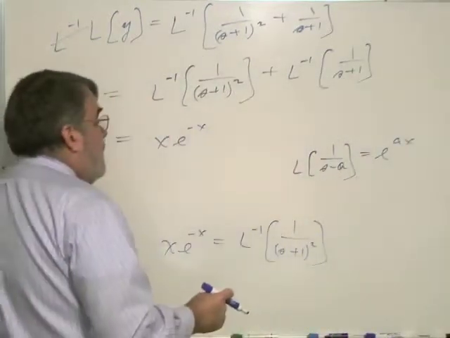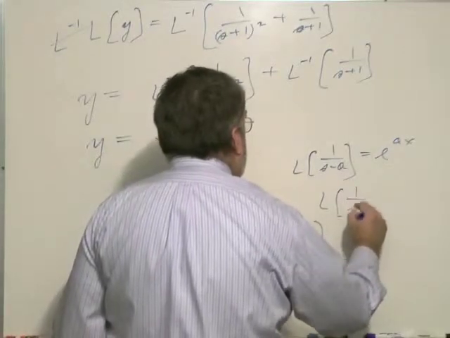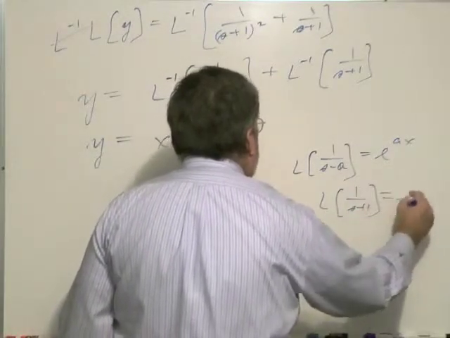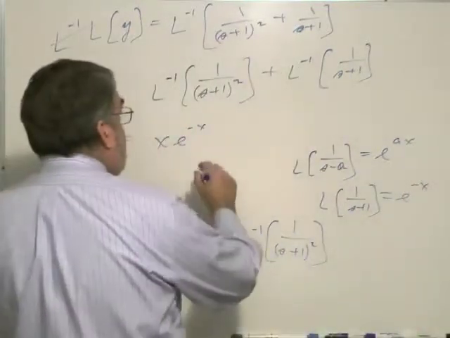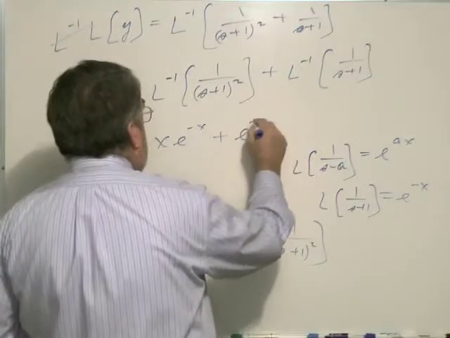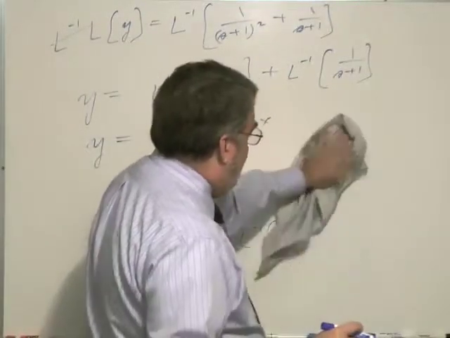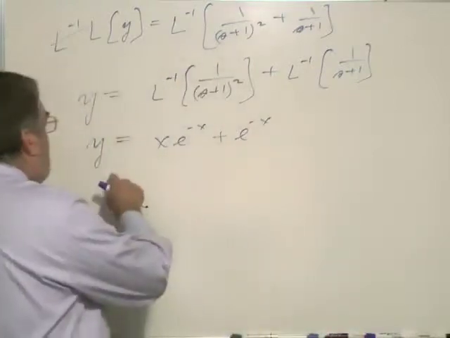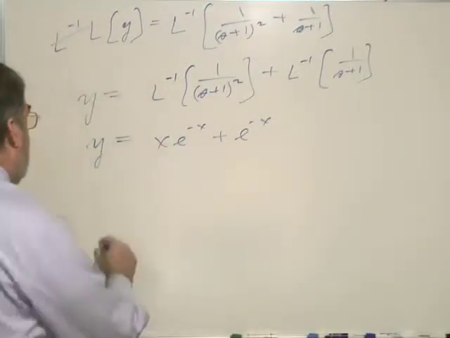And so the inverse Laplace transform of 1 over s plus 1 would be e to the minus x, -1 times x. So plus e to the minus x. All right, so I think we have an answer for this problem. y equals x e to the minus x plus e to the minus x.